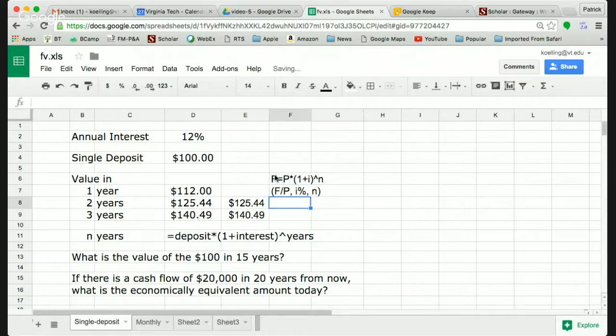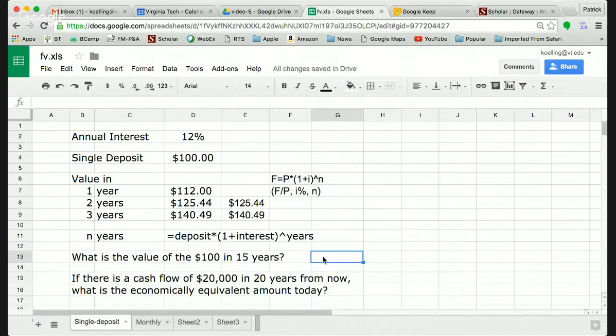That is, find a future amount given a present amount when the interest rate is I percent and the time is in years. Whatever integer you put in there for n, that's read F given P, I percent for n years.